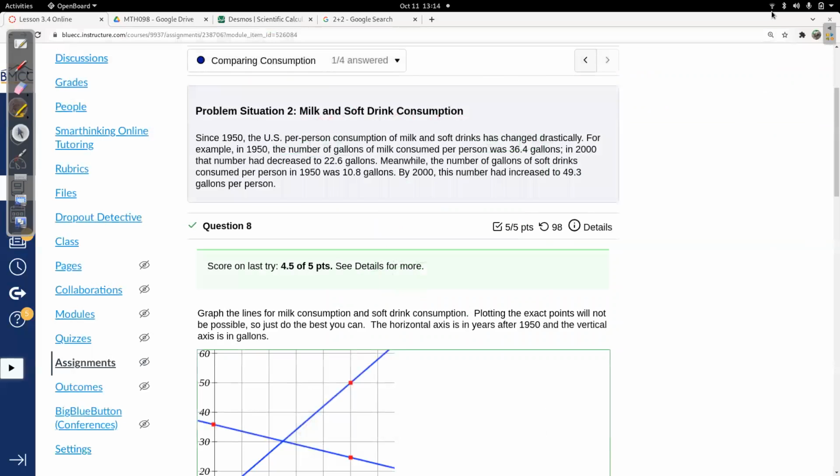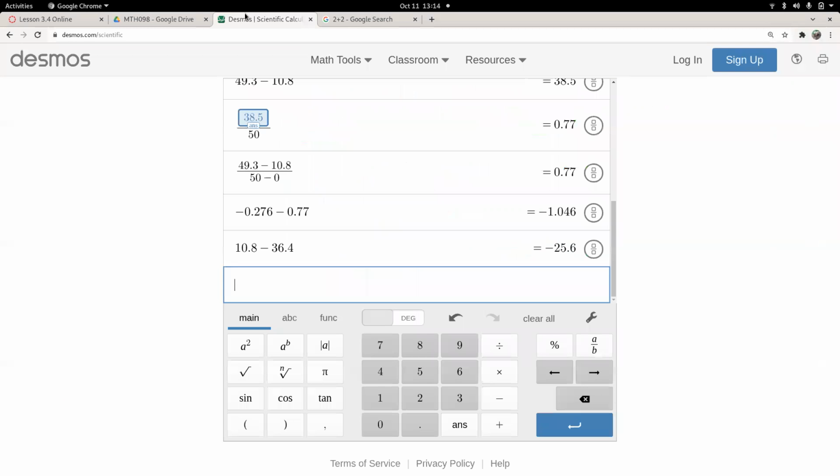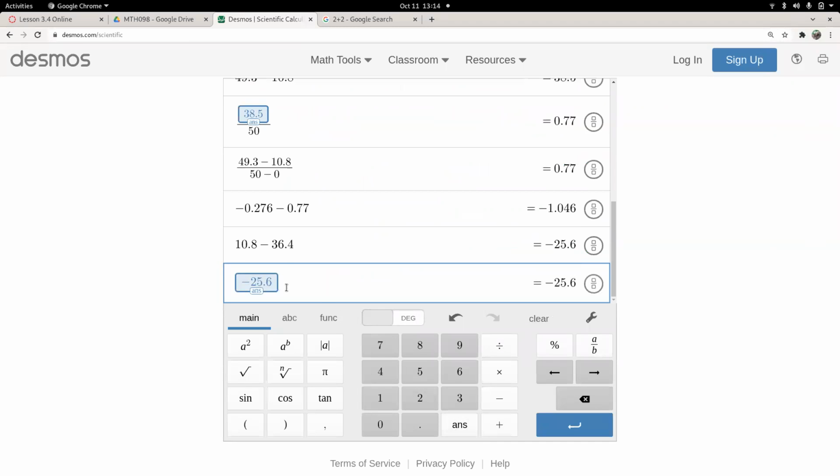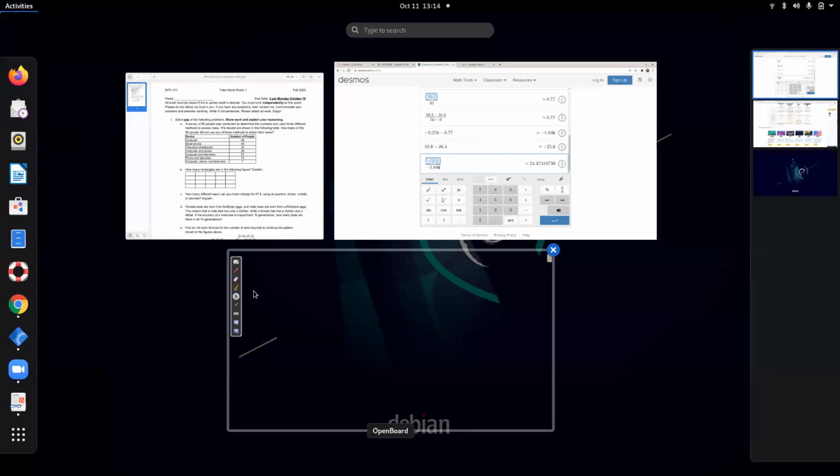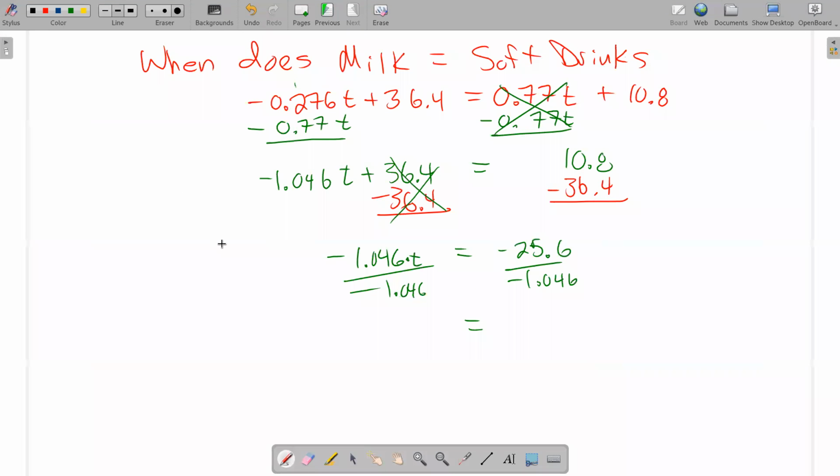So what does that yield? So take that previous answer, which I can use the answer button, that'll tell me what the previous number was, divided by negative 1.046. Did I type that right? Yep. So it looks like 24.474, 24.5, maybe I'll round that to. So to indicate I'm rounding, wavy equal sign, 24.5.